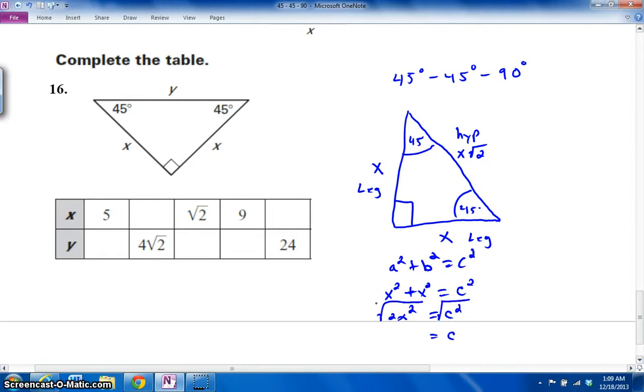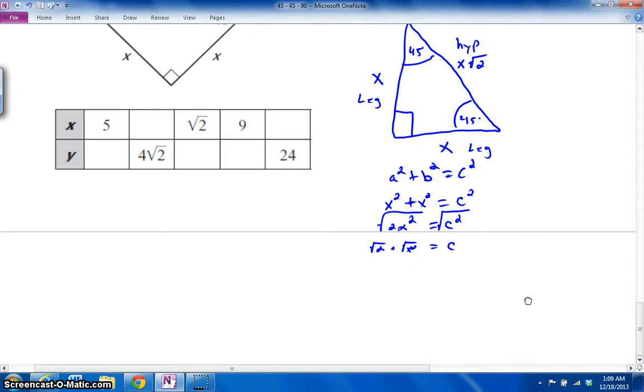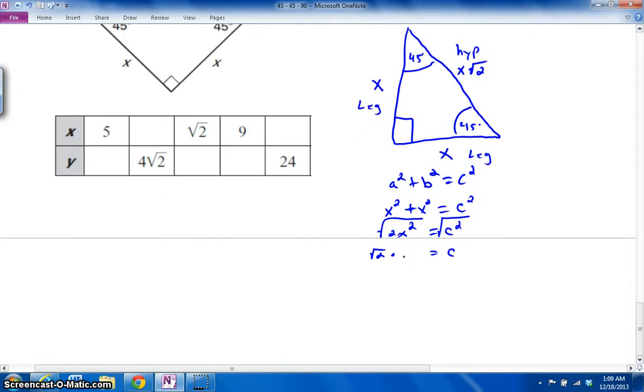We're left with c, and the square root of 2 times the square root of x squared reduces down. The square root of x squared is x. The square root of 2 can't be simplified.